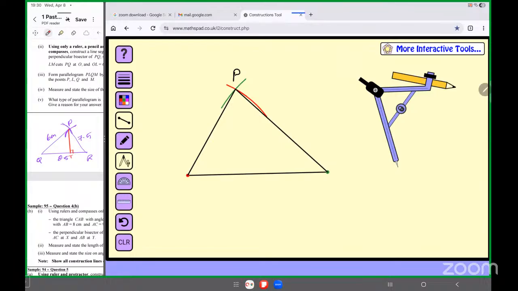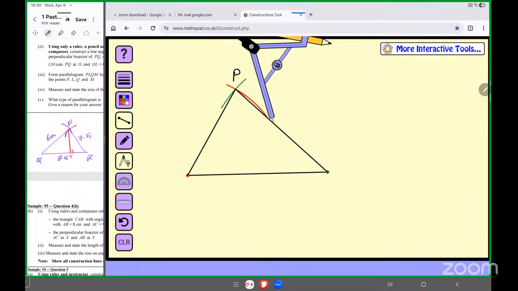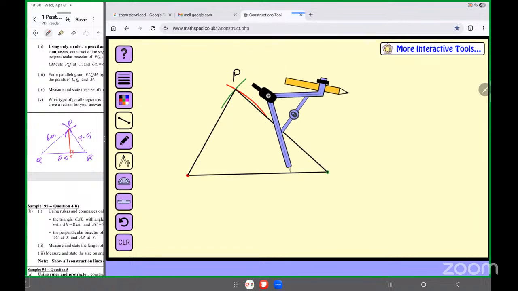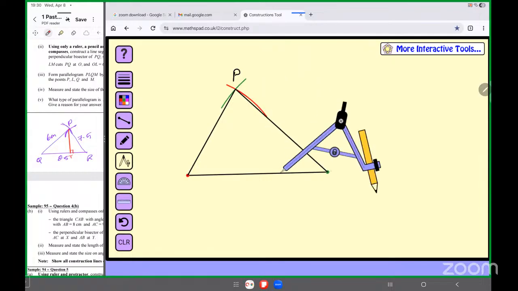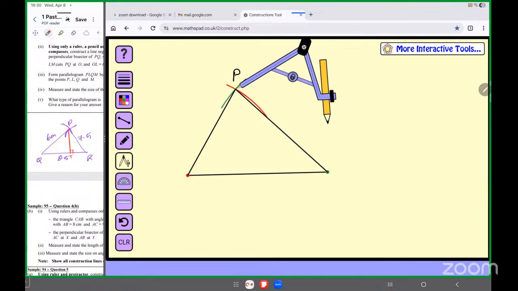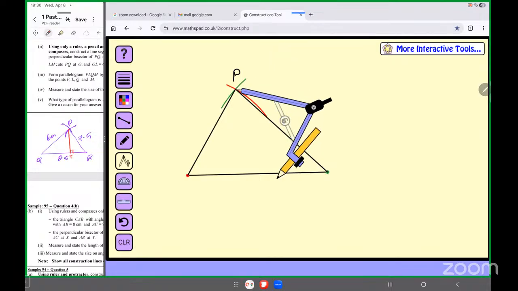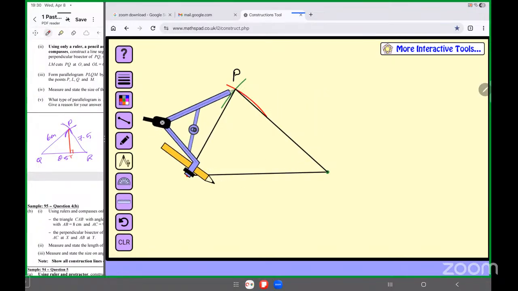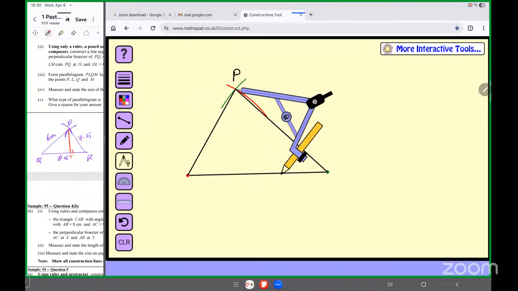So I'm going to put the compass point on the point P, and test that when you make an arc, without actually drawing the arc, it will cross this line at 2 points. That's what you want.